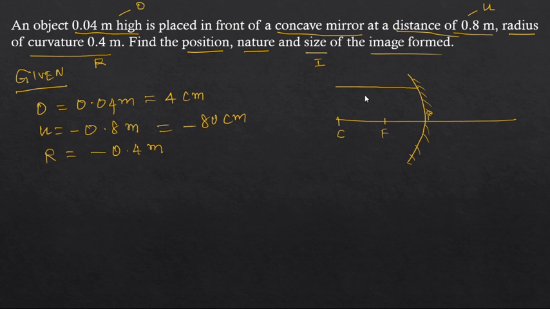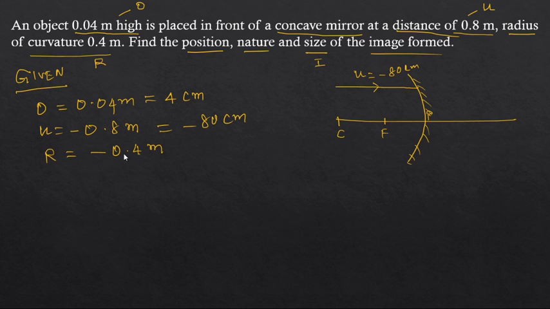Okay, so since it travels from left to right, it is given on the left side, so it is given in minus sign, so minus 80 centimeter. So U is equal to minus 80 centimeter, where the object is kept. And the radius of curvature means what?